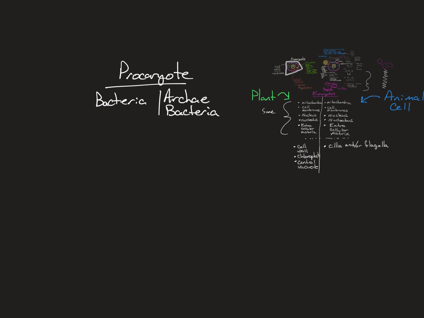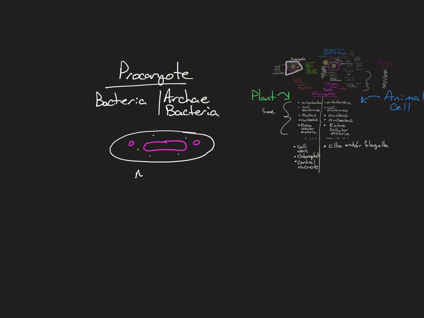They only have the plasma membrane, and they have round DNA, which is interesting to me. Their DNA is circular. They have smaller plasmid DNAs. Ribosomes, they have ribosomes, but ribosomes don't have membranes.